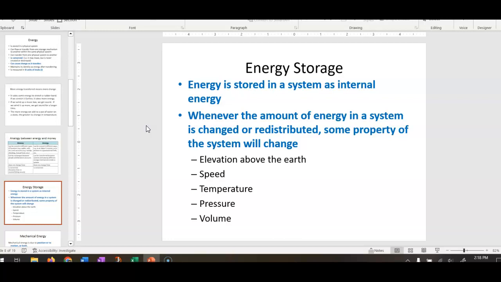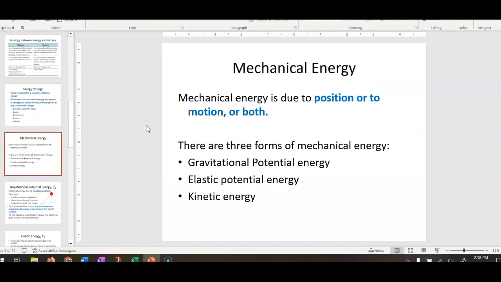Maybe the height of the object will change. Maybe its speed or its temperature or pressure or volume. All of these physical things that you can observe help identify how the energy redistributed.